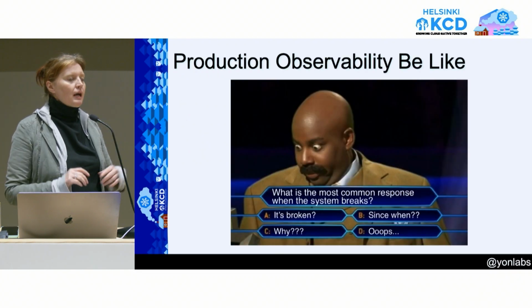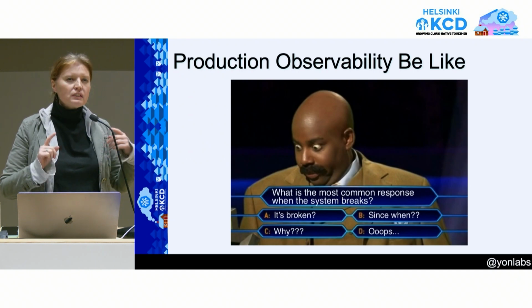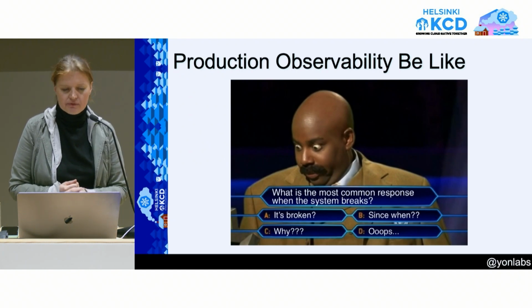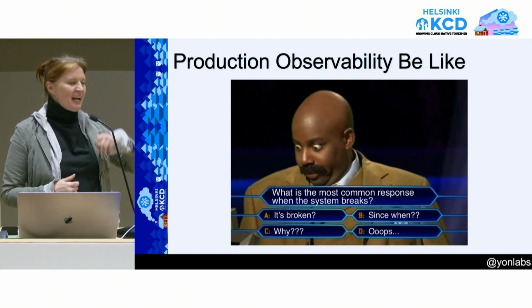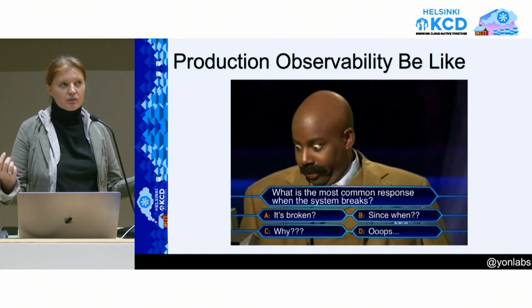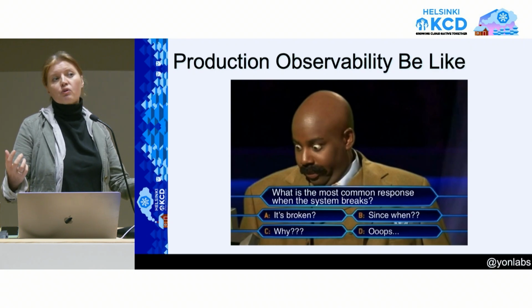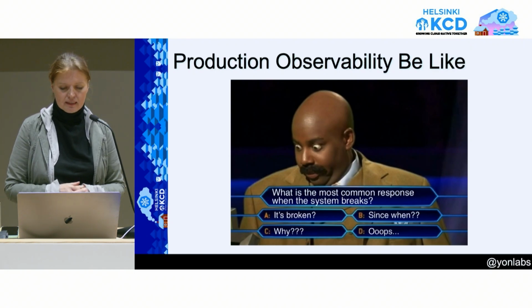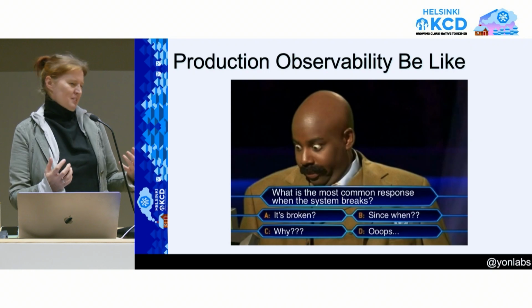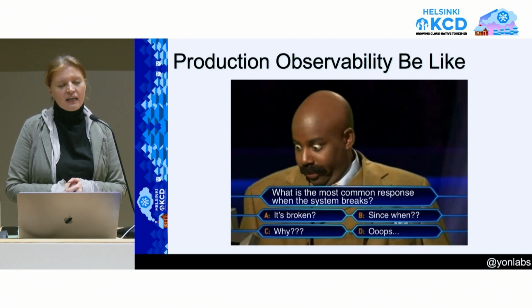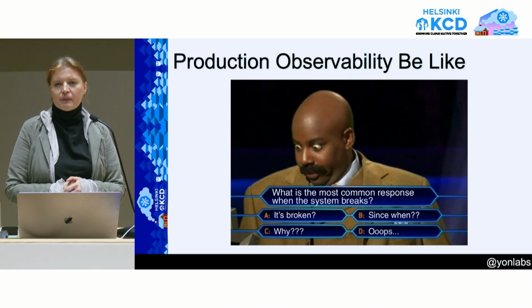I hope that I don't need to ask this question, why do we need observability? Imagine that we could respond to a question, is your production system working? Is it broken? Since when? Why? And shamefully, I must admit, I've been there too.